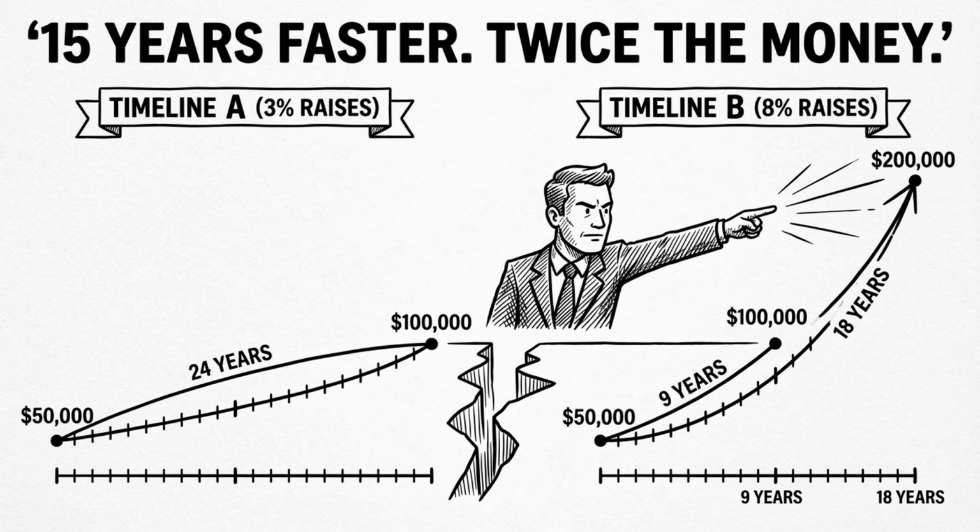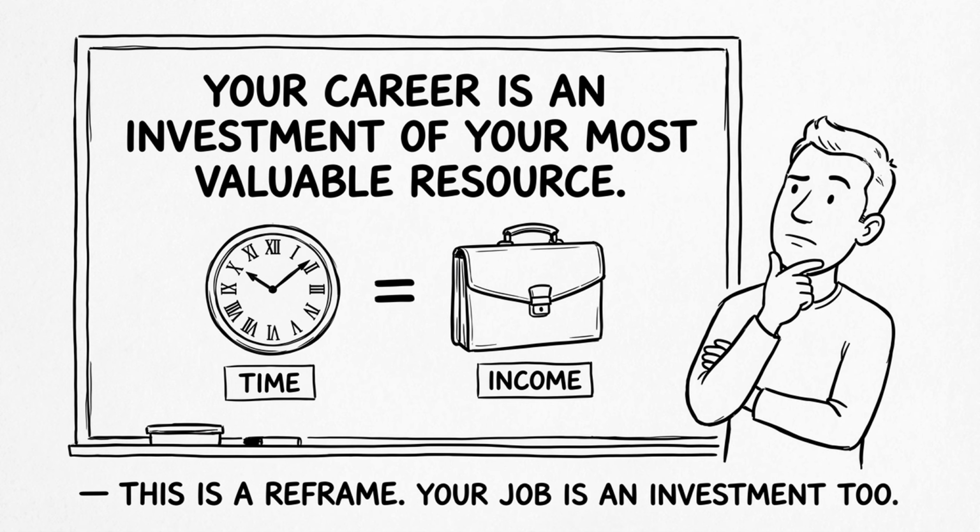You start at $50,000, 9 years later you're at $100,000, 18 years later $200,000. The Rule of 72 gives you a lens to evaluate career decisions the same way you evaluate investments, because that's exactly what your career is, an investment of your most valuable resource.